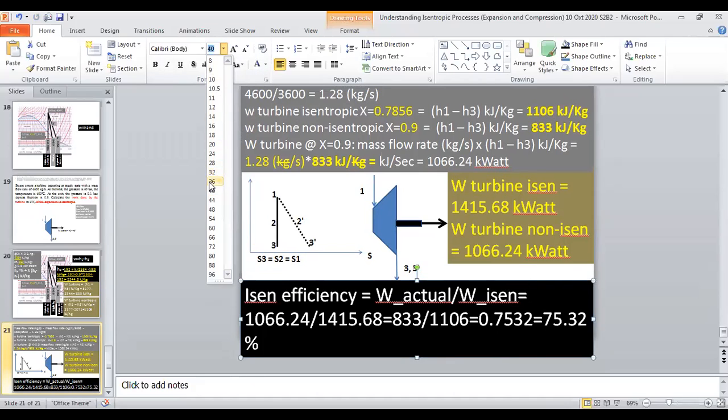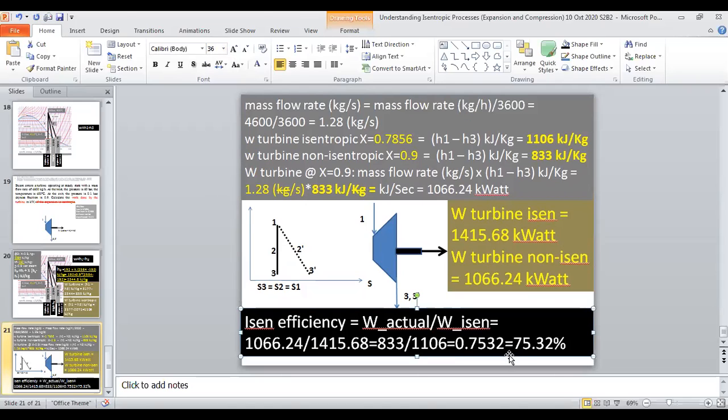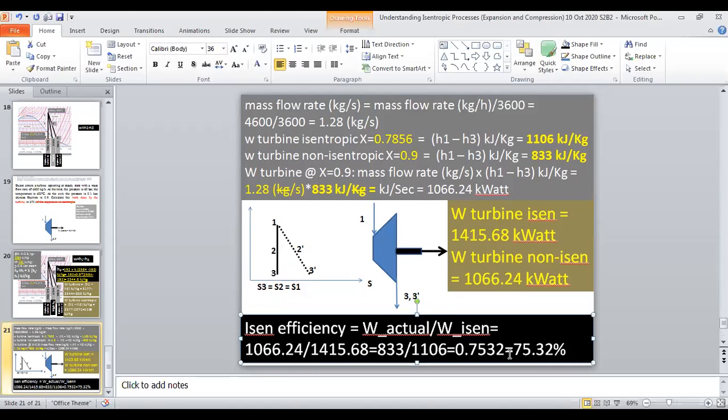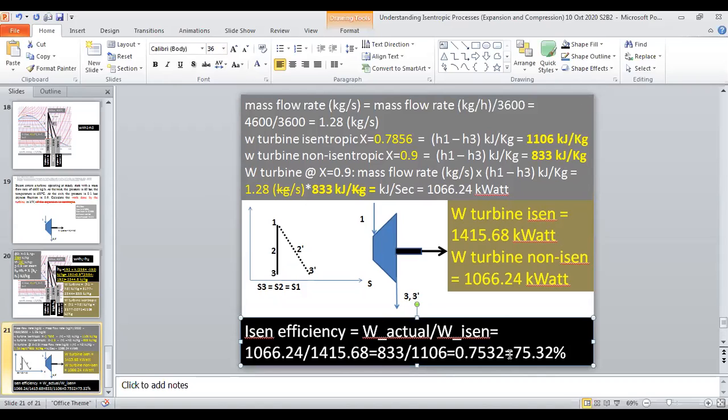See, if the expansion is actually isentropic, then the isentropic efficiency is 1 or 100%. But of course, actual is less than the work done when the expansion is isentropic, so you have a percentage. 75 to 80 is a typical isentropic expansion efficiency.